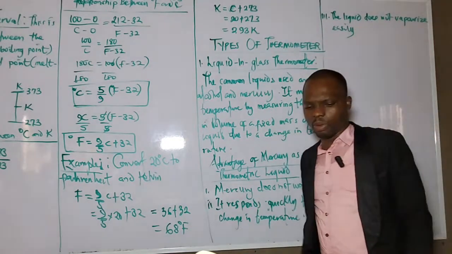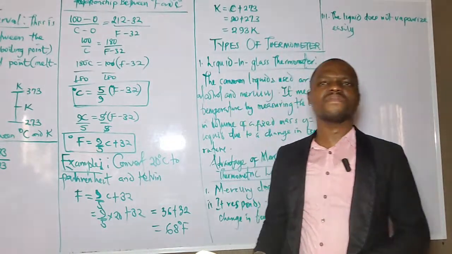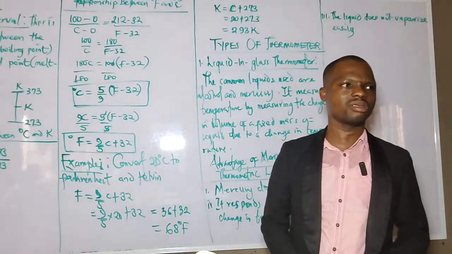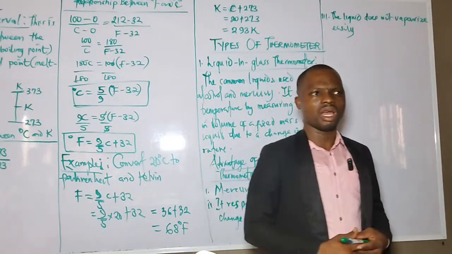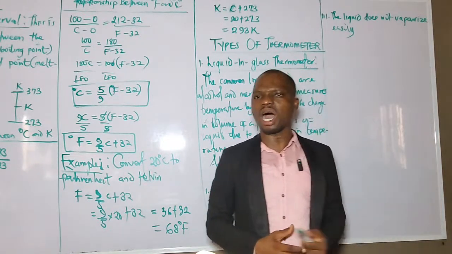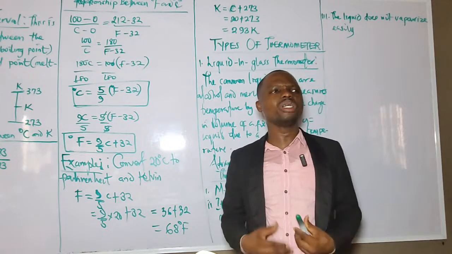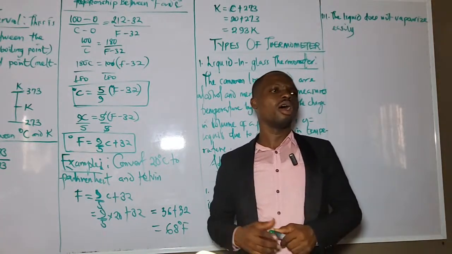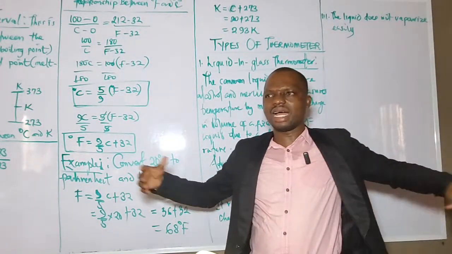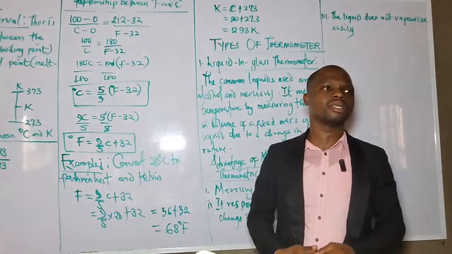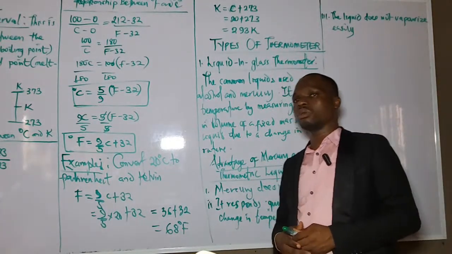Why is this possible? Because mercury has a high boiling point, about 357 degrees Celsius, comparing it to alcohol of 78 degrees Celsius. Alcohol will have vaporized even before it gets to that temperature. But mercury can withstand high intense heat to about 357 before it starts vaporizing.